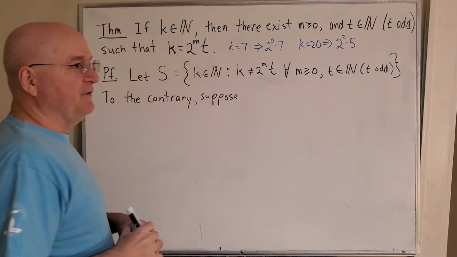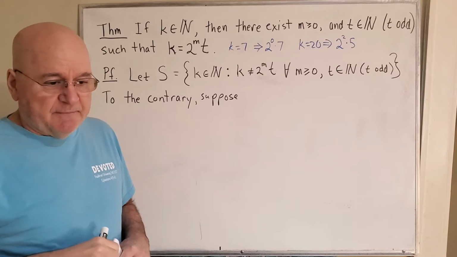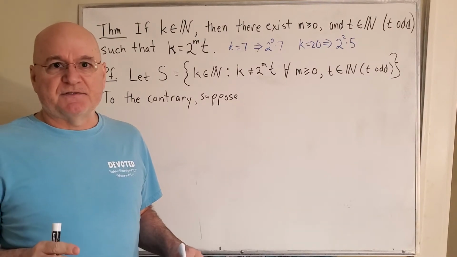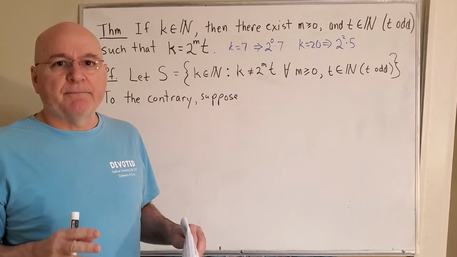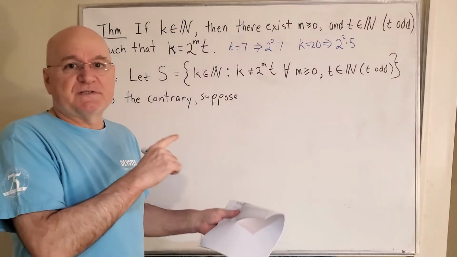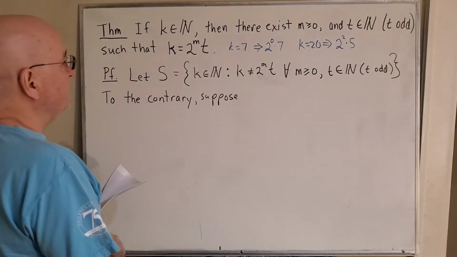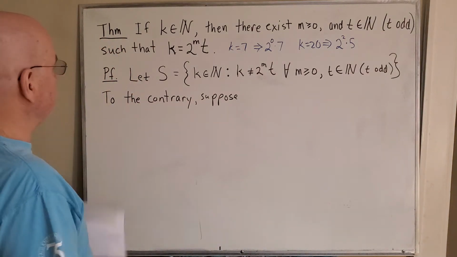So what am I going to do? I'm going to end up using a proof by contradiction. I'm going to define this set S to be all of the natural numbers k for which this fails. So here's the definition. You need to look at this for a little bit.